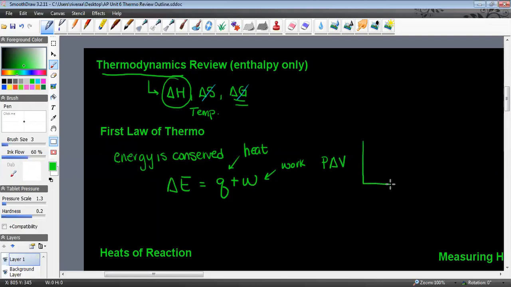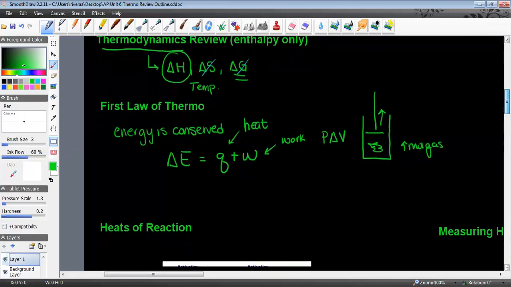So if you have a reaction taking place inside of a piston, and this reaction produces lots of gas, so we increase moles of gas, the volume is going to increase. And this volume increasing is work being done by the system on the surroundings.